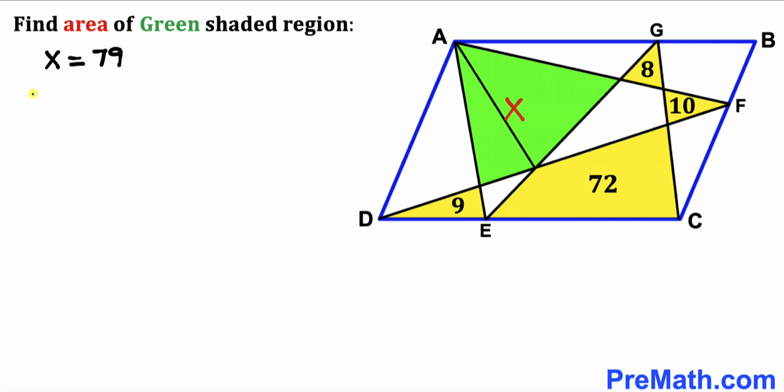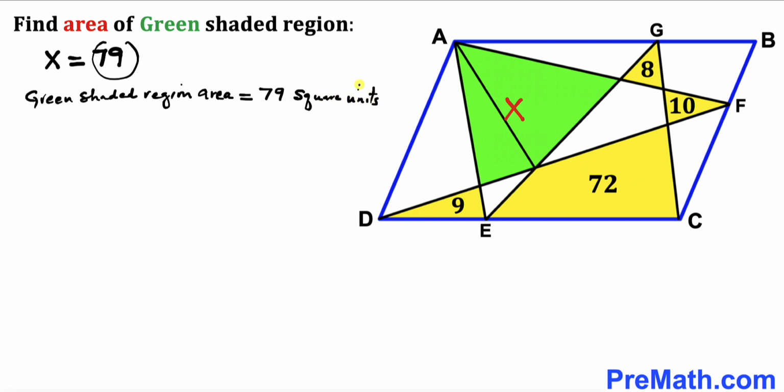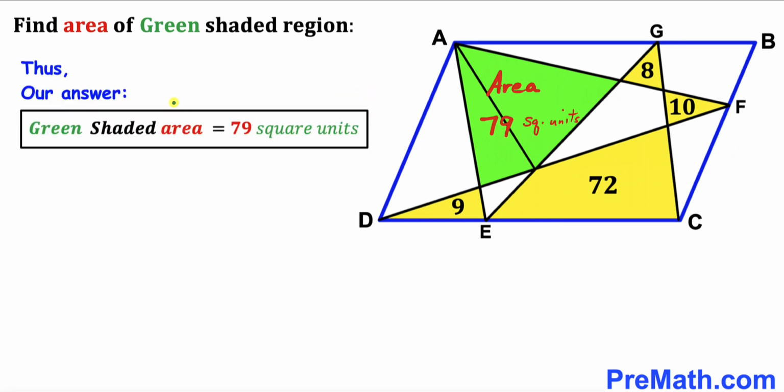So therefore we conclude that this green shaded region area is going to be equal to 79 square units. So thus after all the calculations and manipulations, the area of this green shaded region turns out to be equal to 79 square units. And that's our final answer.